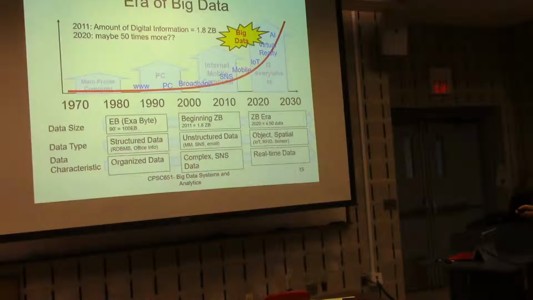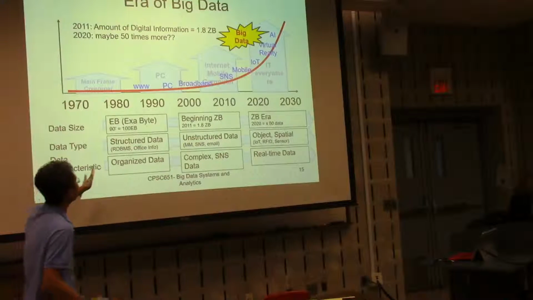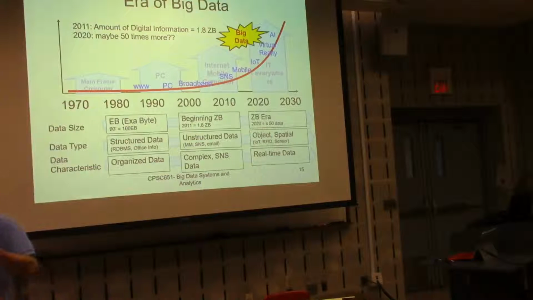So in terms of the data size, type, and data characteristics, in the case of the exabyte, it is traditional data. It's organized data, because our computing power is not enough to process each and every case. So in your database design course, what did you do mostly? We tried to make the model, right? Then fit the data into that model. That's it.